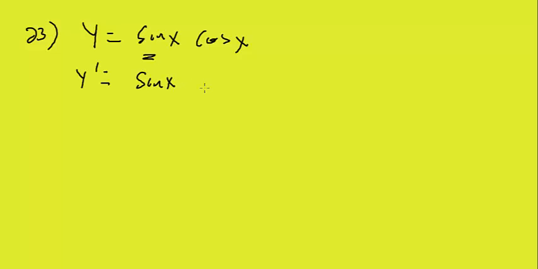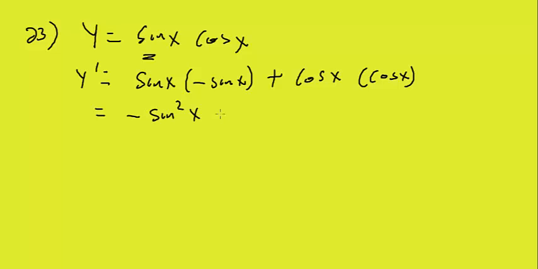Alright, 23. y equals sine x cosine x. Okay, and y prime is going to be first times derivative of second, sine x times negative sine x, plus second times derivative of the first, which is cosine x times cosine x, which equals negative sine squared x plus cosine squared x.